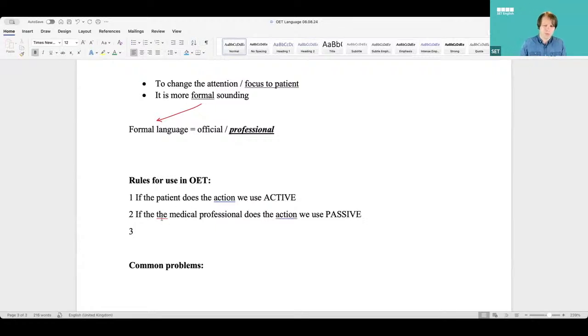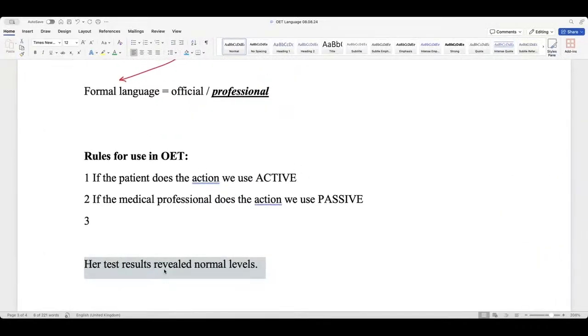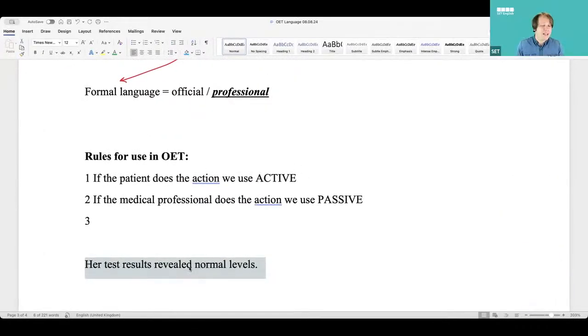What if we say, "Her test results revealed normal levels." Is it correct? Yes, it's okay. Is it active or is it passive? Active.